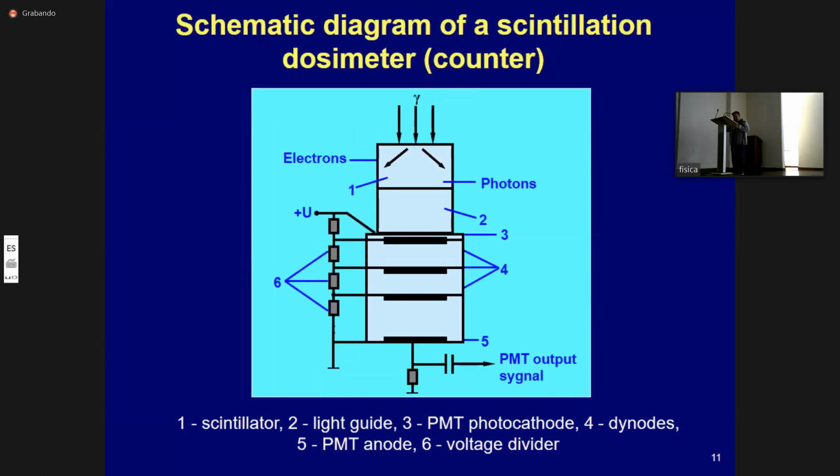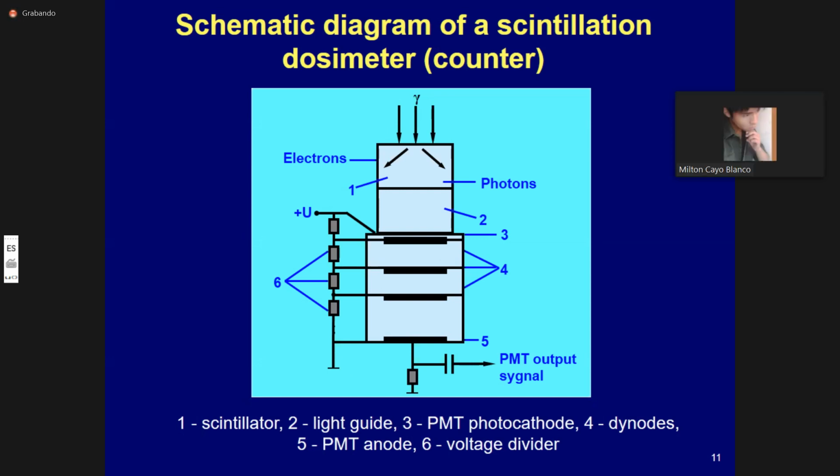For the purpose of dosimetry, a connection is established between the anode current I or the counting rate N and the absorbed dose rate in air. This relationship is largely determined by the type of scintillator used.